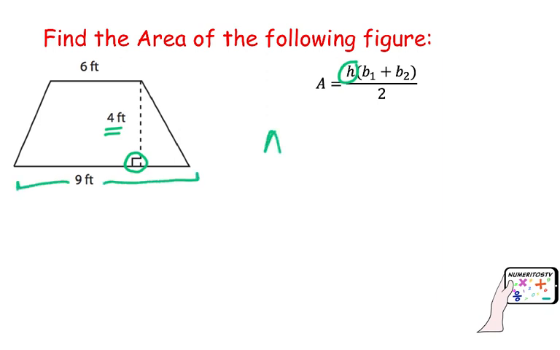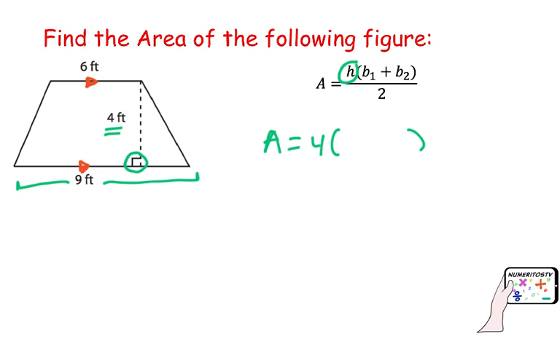So I am going to substitute each value in the formula so then I can solve. So 4 will be the height. Then I need to identify the bases. Base 1 and base 2 are the parallel sides of this figure. So I can observe that 6 feet and 9 feet are the segments that are parallel in this figure.